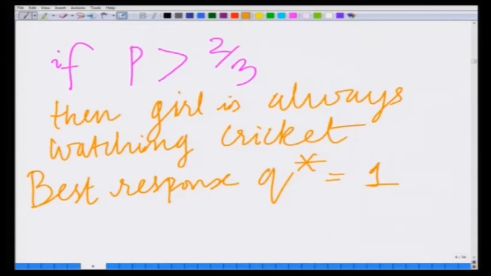That is because her payoff from cricket is more than payoff from the Harry Potter movie, she is always choosing to watch cricket, and therefore, the best response q star is equal to 1. That is whole of the time she is watching cricket, which means the fraction q is equal to 1, 1 minus q is equal to 0, q star is equal to 1.